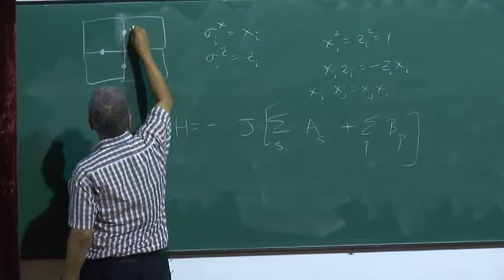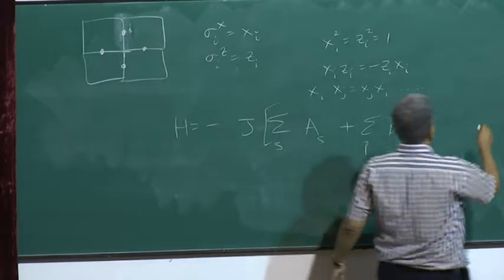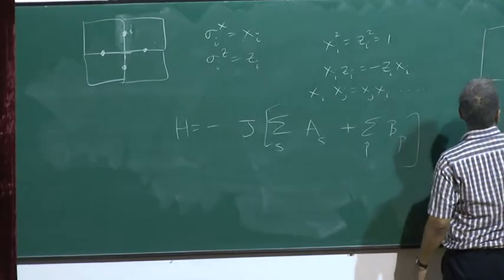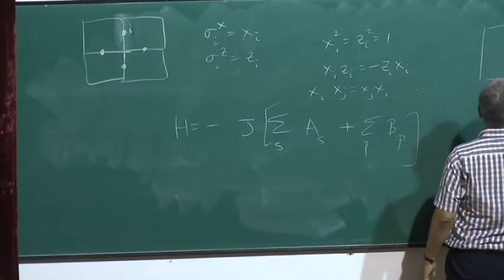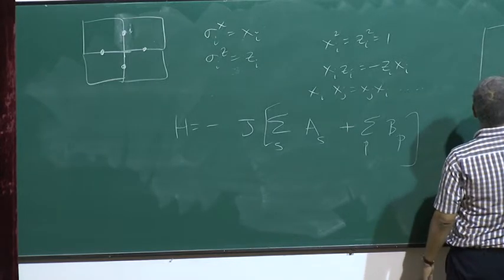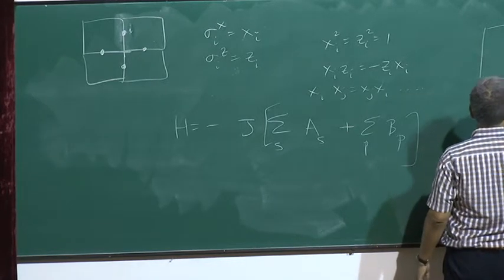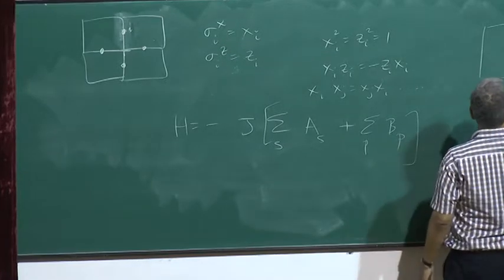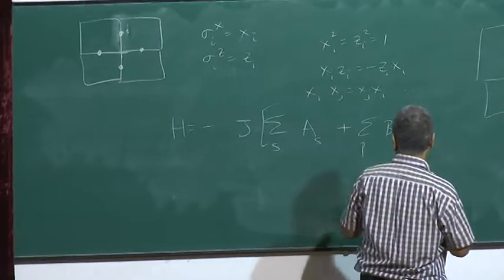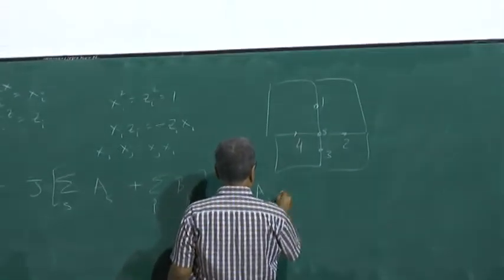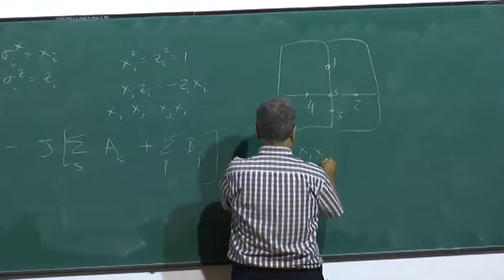So if I call this 1, 2, 3, 4, this is a site S, then A_S at that site S will be X1 X2 X3 X4.